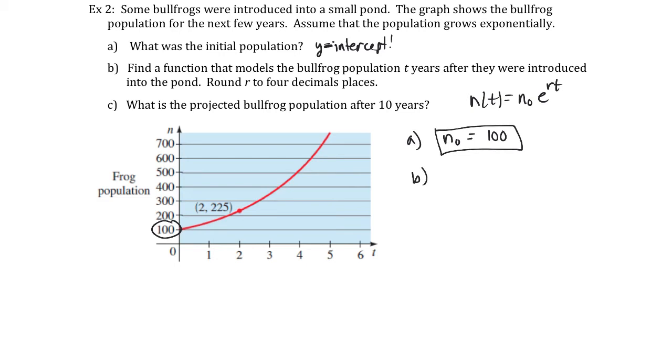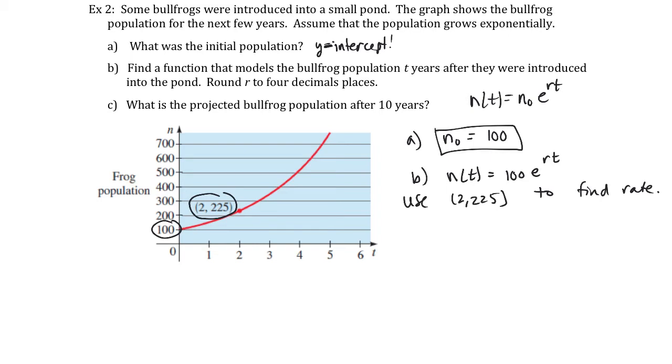Okay, next part, find a function that models the number of bullfrogs. So the population is given by 100 times e to the rt. Well, we don't know what the rate is. So we're going to use this point to find our r.